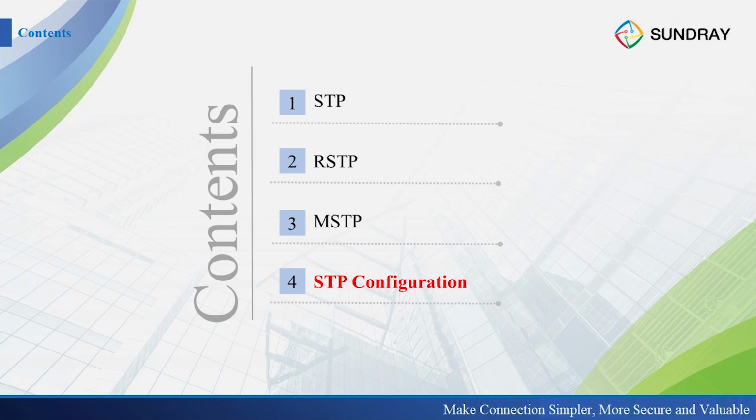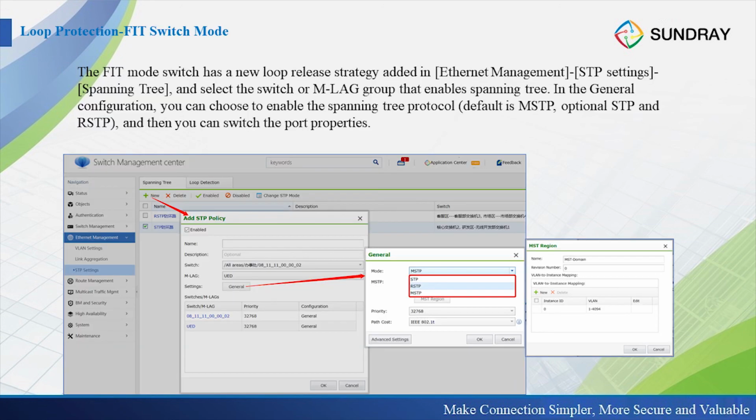The last part is about spanning tree configuration. In the fit switch mode, in the switch management center, Ethernet management, we can find the STP settings, and in the spanning tree, we can add the STP policy.